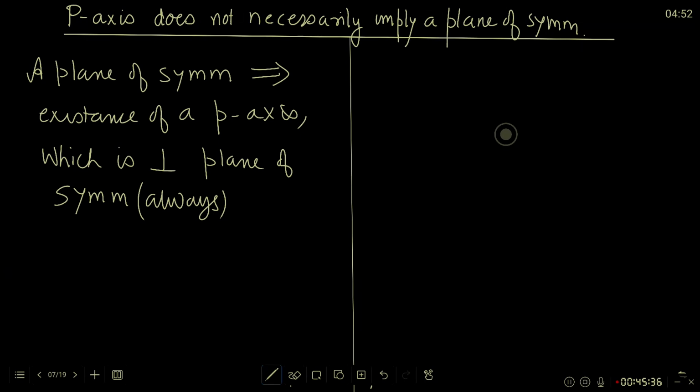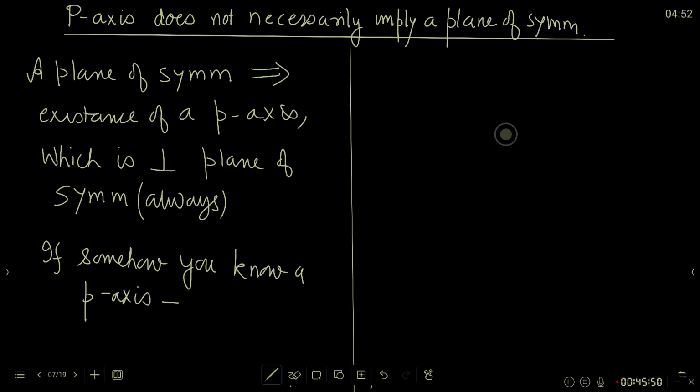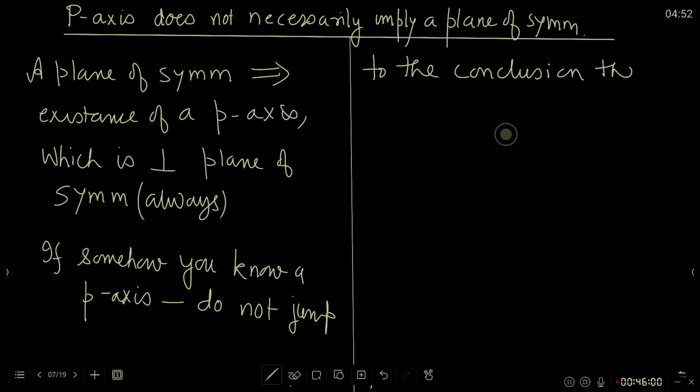However, keep in mind that if somehow you know a p-axis, do not jump to the conclusion that the plane which is perpendicular to the known p-axis is always symmetric.